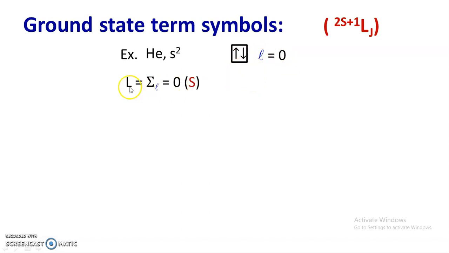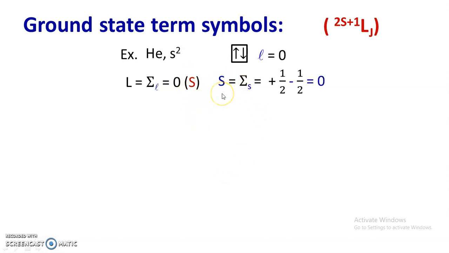And the value of capital L is 0 because l1 is 0 and l2 is 0, so 0 plus 0 has no meaning. So capital L is equal to 0, and the state symbol is again S.